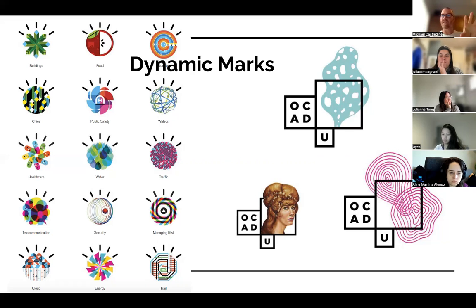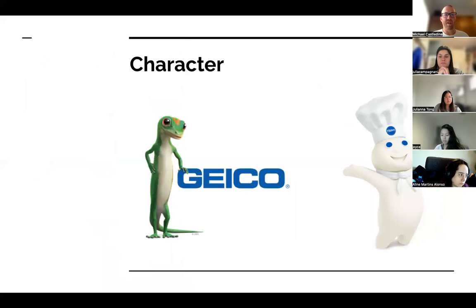That's the left-hand side, IBM Watson's project. On the right-hand side, this is OCAD University, where the square in the top right-hand corner allows each department to place their own individual unique element. Whether it's the art department or the geography department, you're allowed to place that in. So it's a really dynamic and powerful way to bring brands that have different facets and departments together.